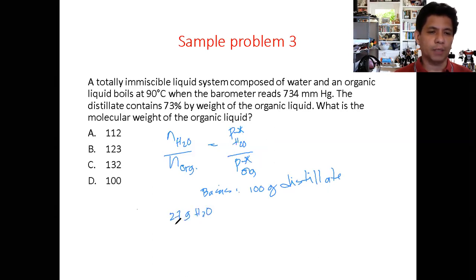So 27 grams of water divided by 18, and then we have 73 grams of organic liquid divided by the molar mass of organic liquid, and this would be equal to P star H2O at 90 degrees Celsius.